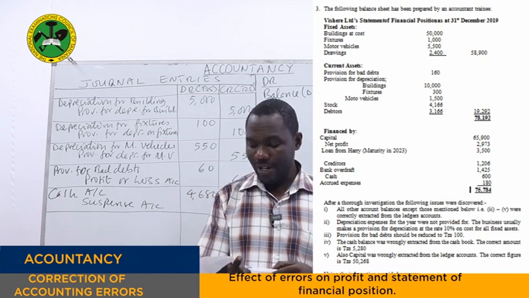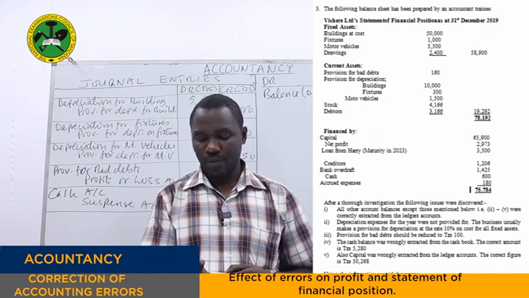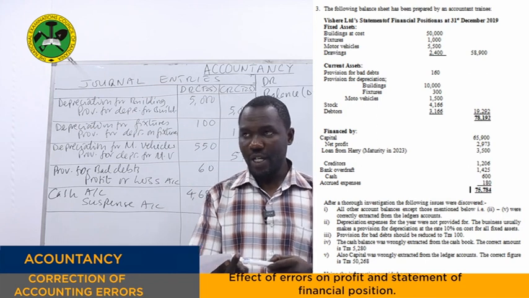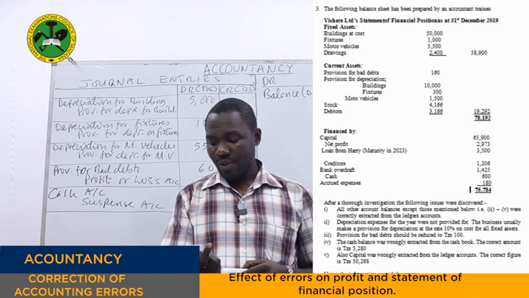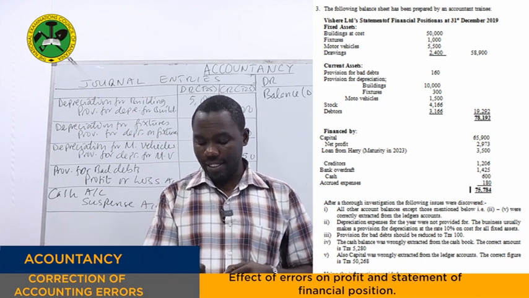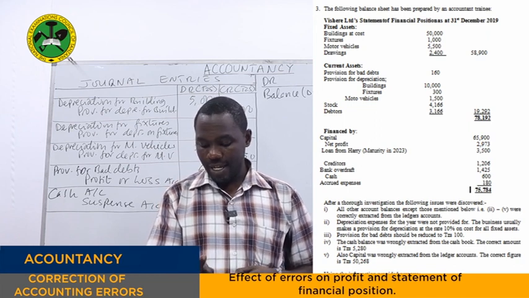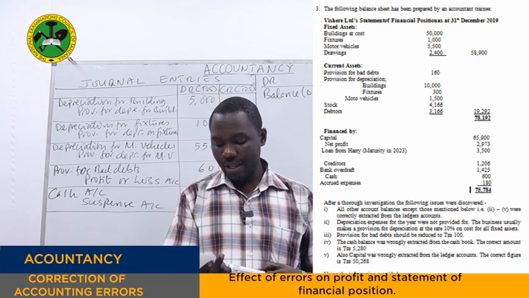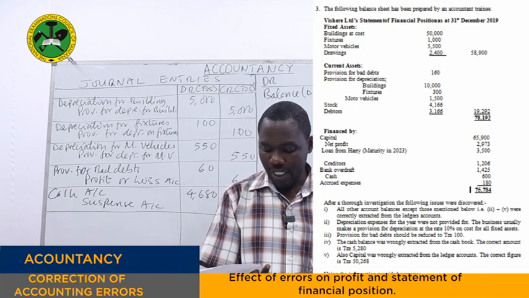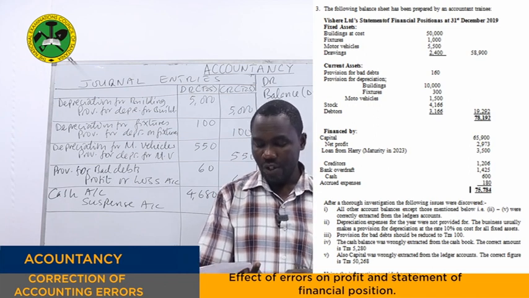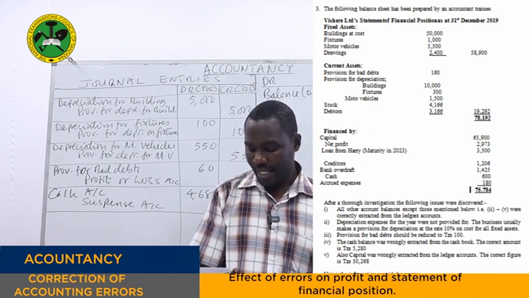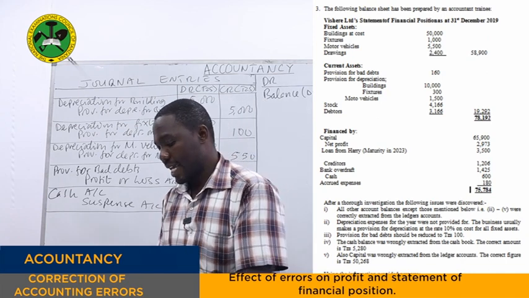So if you overstate the capital, in order to correct this, we reduce by the difference. We are going to compute the difference, and then we are going to debit the capital with the difference and credit the suspense. Then you have corrected your error.